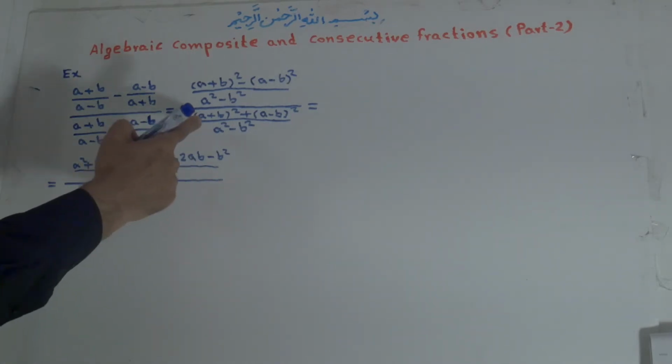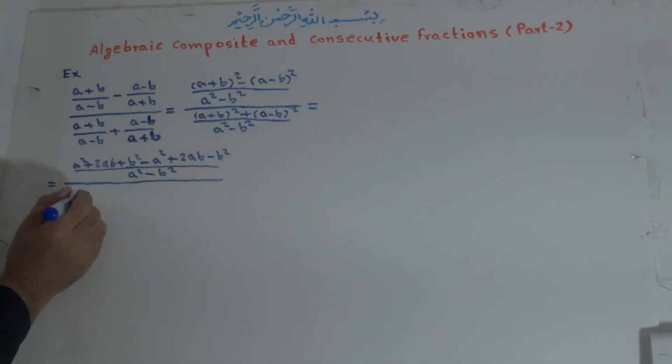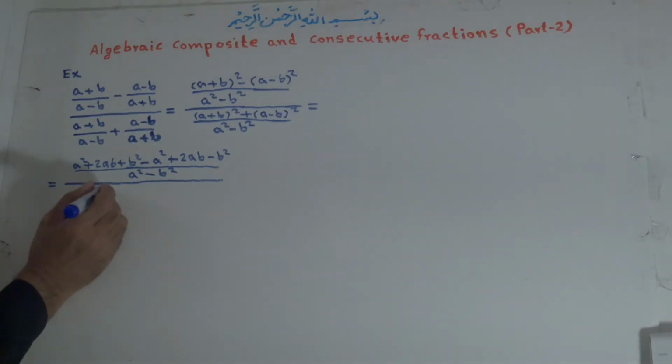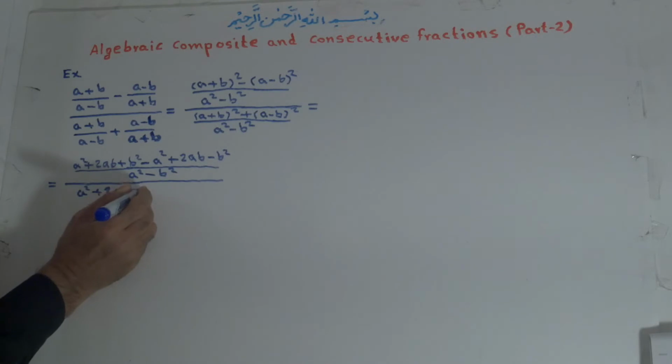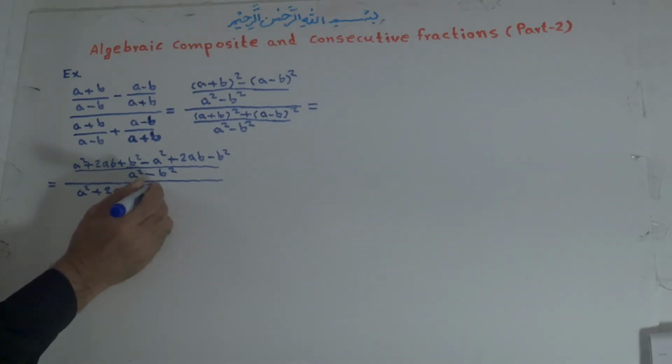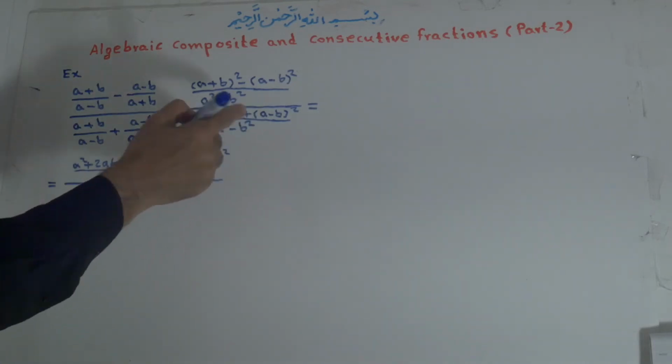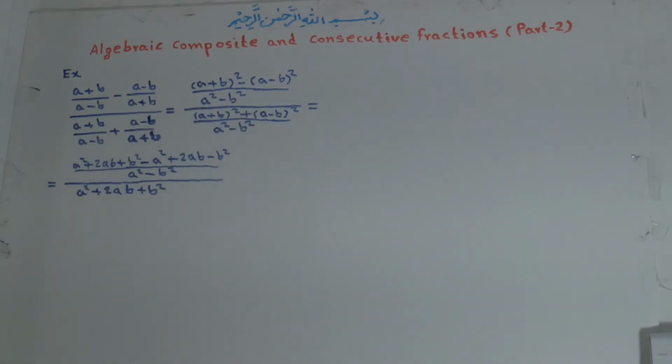Now we simplify this one. A plus b to the power of 2 is equal to a to the power of 2 plus 2ab plus b to the power of 2, and here it becomes a to the power of 2 minus 2ab plus b to the power of 2.